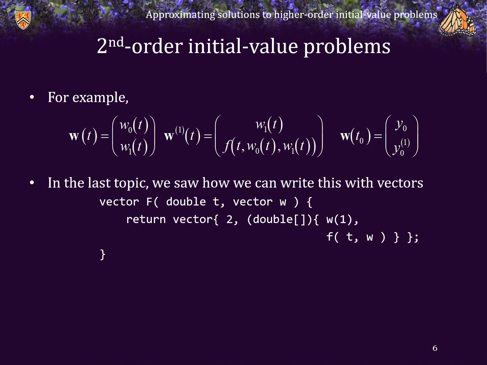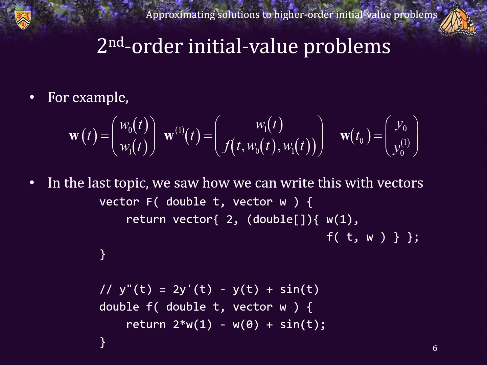It returns the vector w1 because the derivative of w0 is w1, and then it returns a function f with the independent variable t and the vector w passed to it.